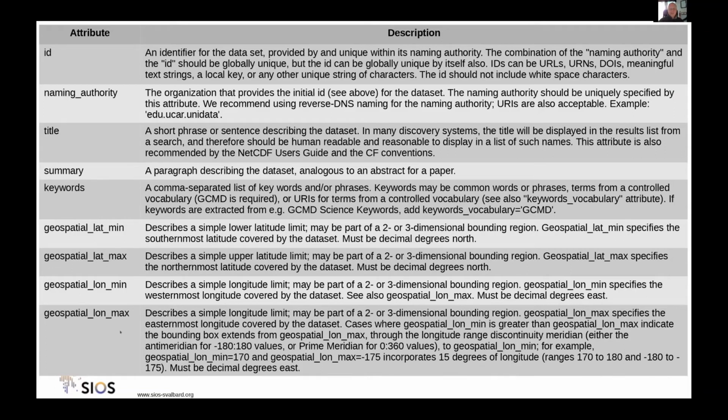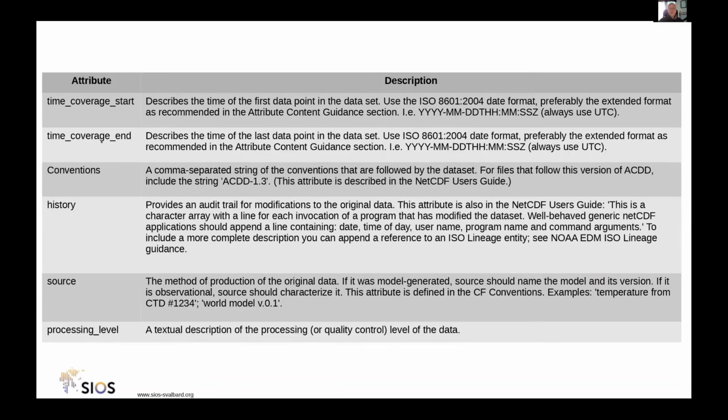Then it's the spatial location of the dataset described here. You have the temporal specification of the dataset. It's the conventions, and here it should be, because conventions is also part of the CF conventions, so you need to put in a comma-separated list containing both ACDD 1.3 and CF 1.8 or whatever version of the CF conventions that you are using.